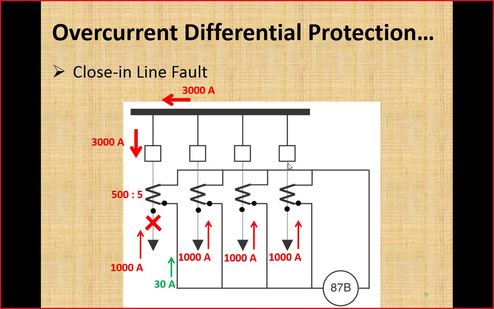Now for the second, third and fourth circuits, the current is flowing towards the dotted end in the primary circuit. So that will flow out of the dotted end in the secondary circuit and the magnitude will be 10 ampere in each. So that is the direction of secondary current in the second, third and fourth circuits.